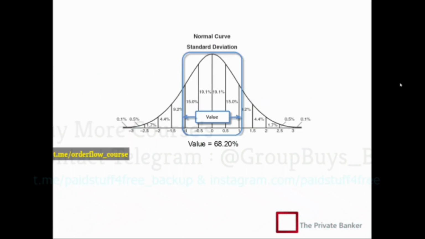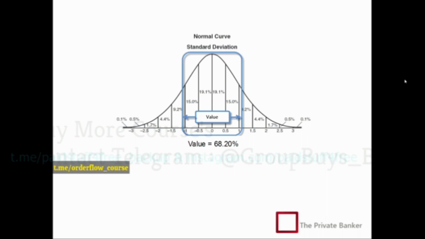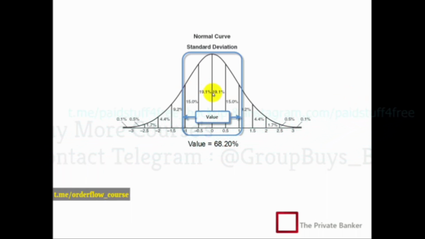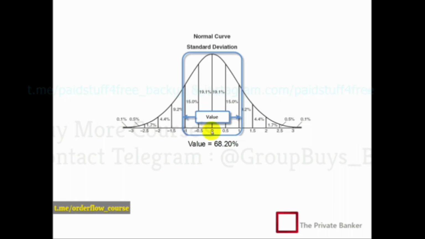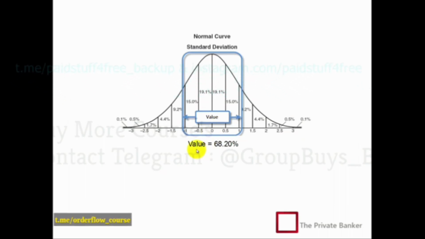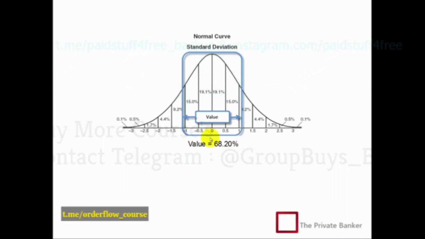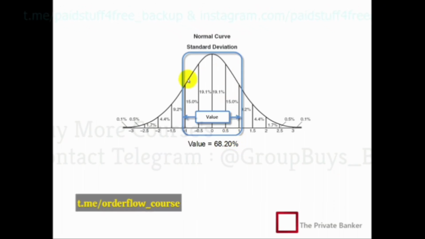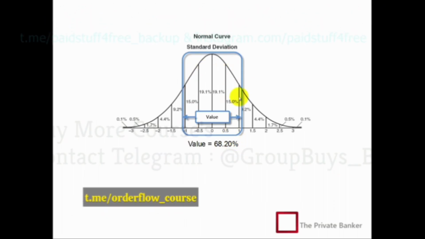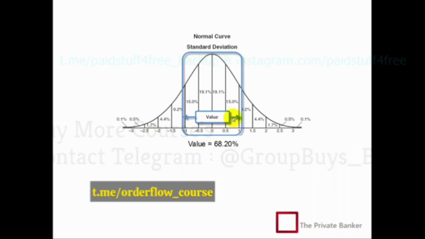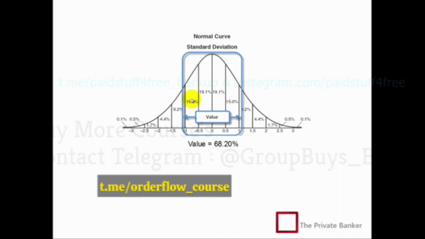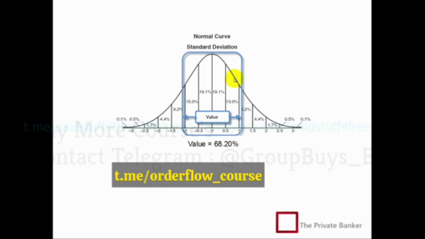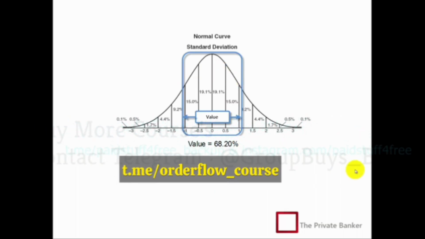What we have here is a standard bell curve with our standard deviations on each side of the mean, the 0 point, you could say, which essentially makes up our value: 68.2% of the time the market will be trading within it. That's just the basics of looking at a bell curve, but I'll show how we bring this into the VWAP concept.